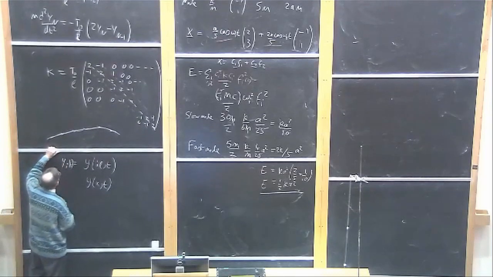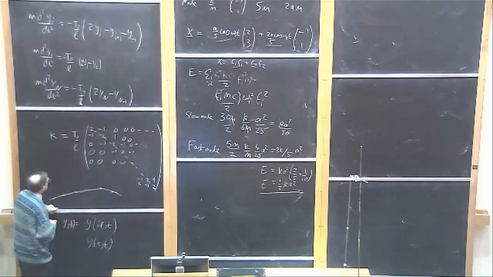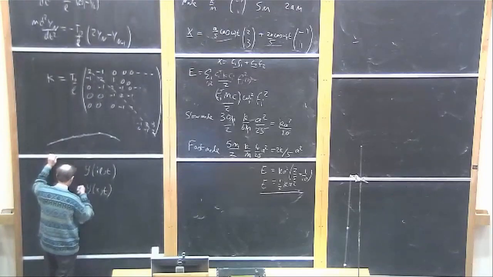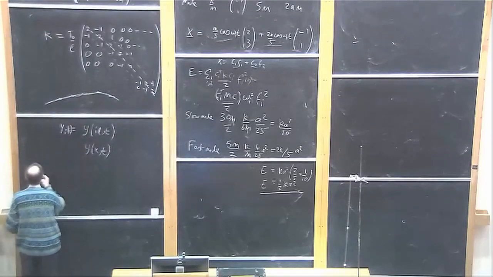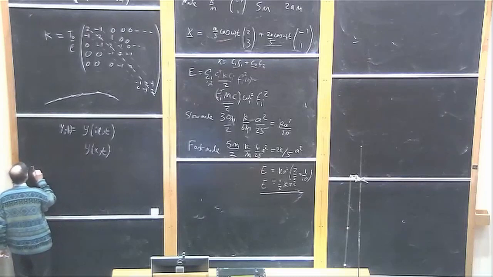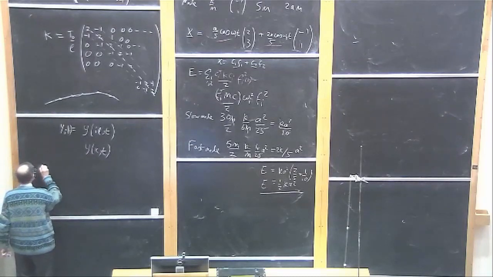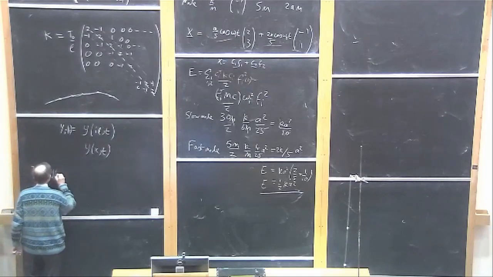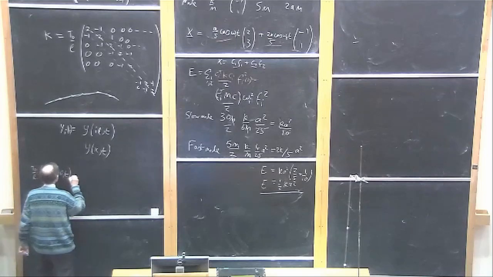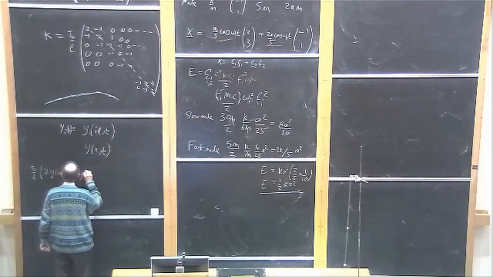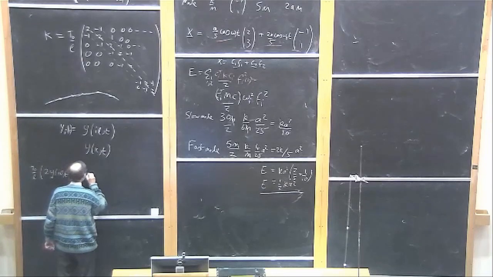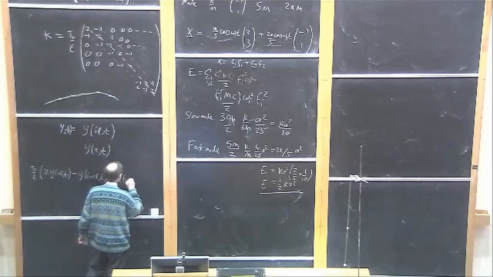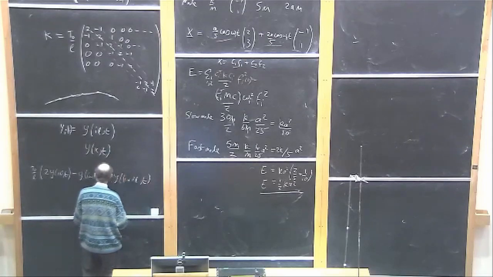So the question is, what could this function be in order that, let's write down the eigenvalue equation. The eigenvalue equation is T0 over L times 2y of iL t minus y of (i minus 1)L t minus y of (i plus 1)L t.